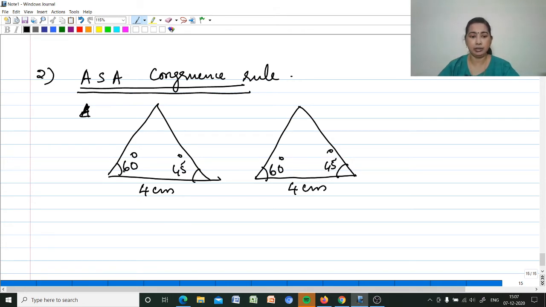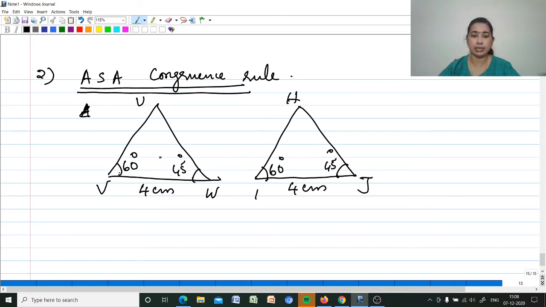So here the triangles are UVW and HIJ. We can see that angle V is equal to angle I, angle W is equal to angle J, and also VW is equal to IJ. So one side and two angles on the sides of the triangle are given.